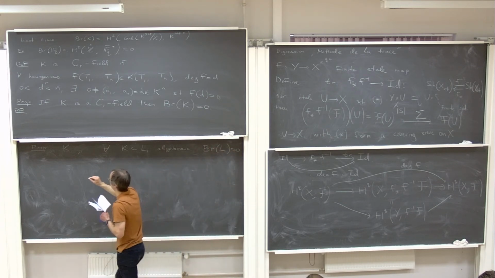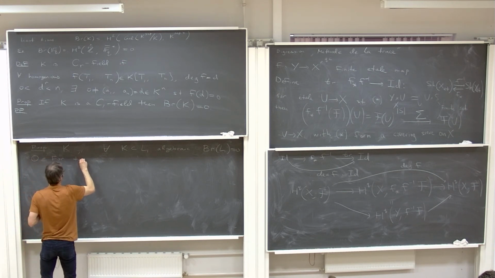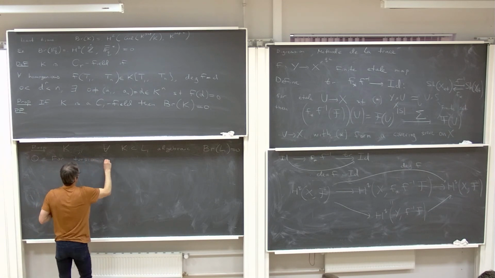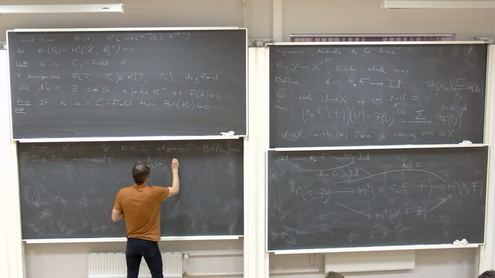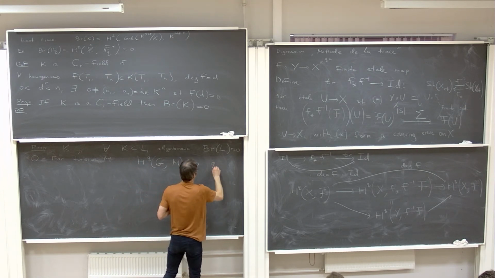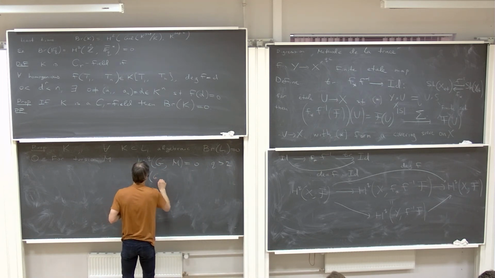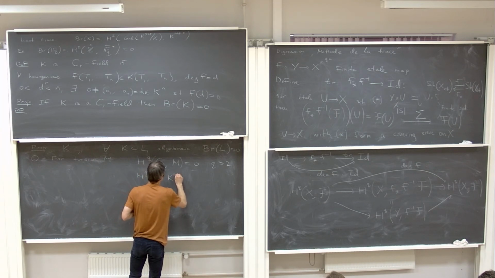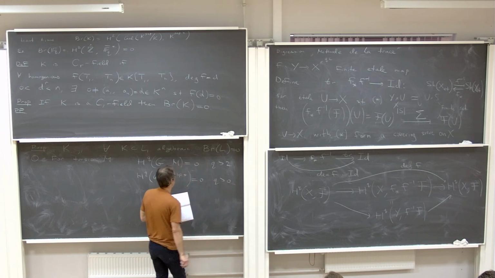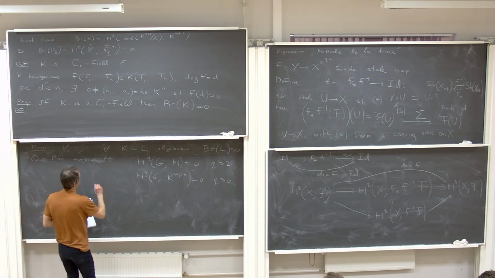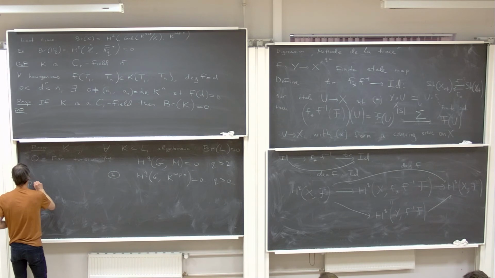We want to prove that for torsion M, H^q of the Galois group with coefficients in M is 0, provided that q is greater than 2, and also H^q of G with coefficients in K sep star is 0 for q greater than 0. There are two assertions.